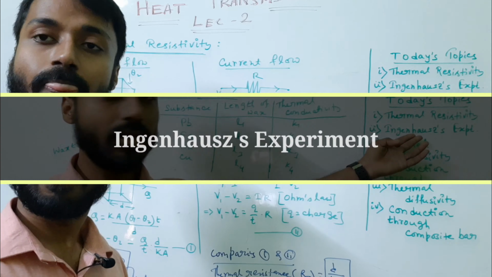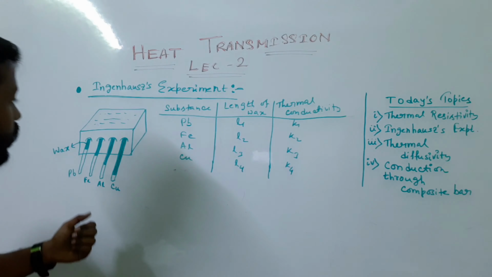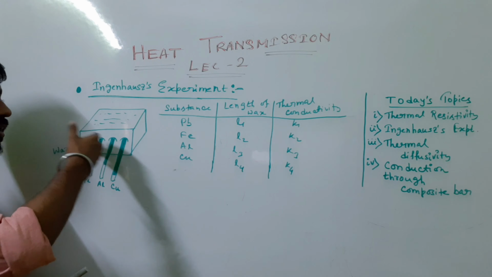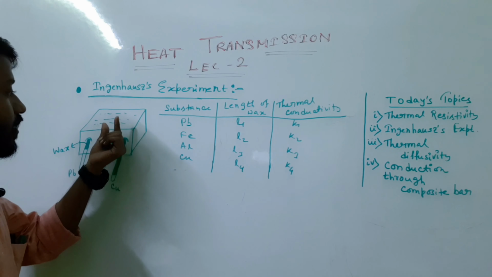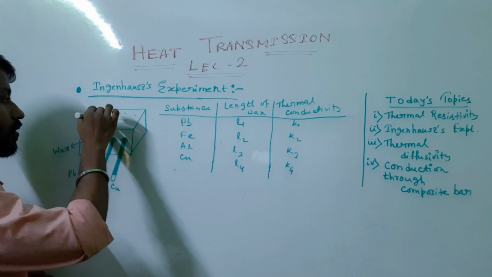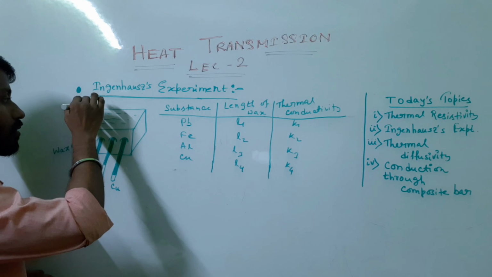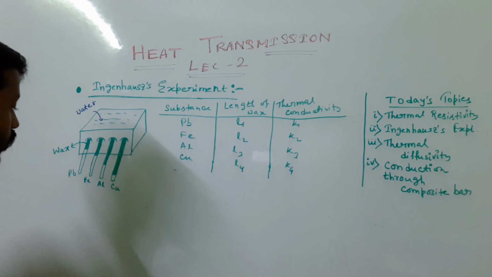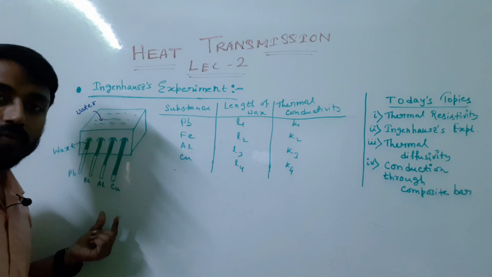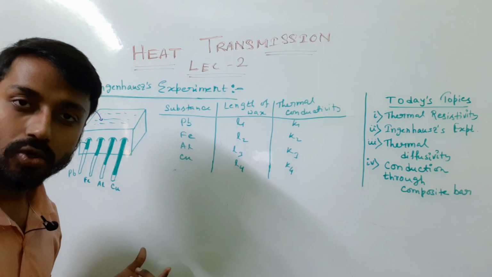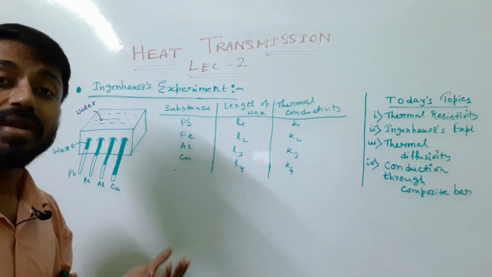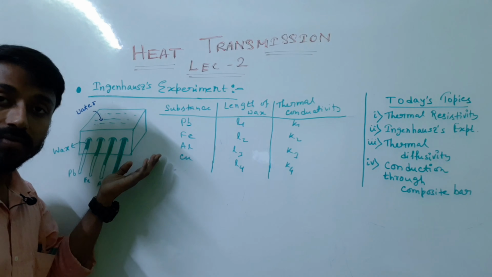Now the Ingenhausz experiment. We have taken a vessel containing, suppose, boiling water. Four rods of equal length and equal cross-sectional area but of different materials are attached to this vessel, like this.